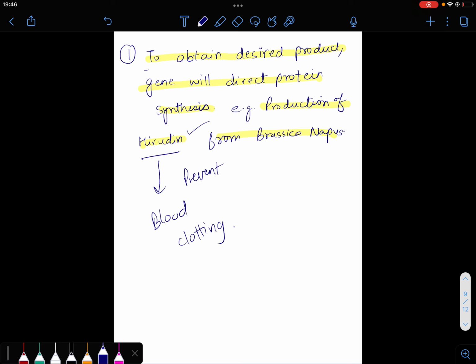So what we did was we took that gene for production of hirudin from the leech and introduced it in Brassica napus. And now this plant is able to produce hirudin, which is the compound which is helpful in preventing blood clotting. So that means this gene will direct the protein synthesis.